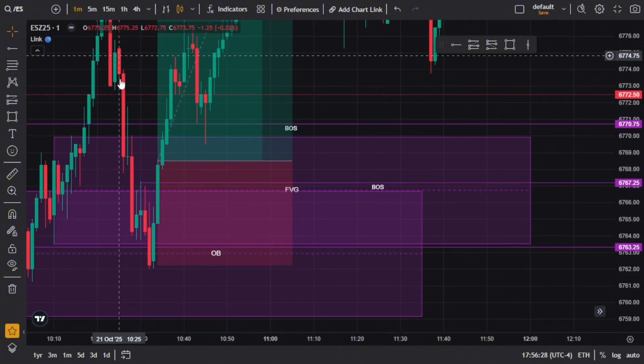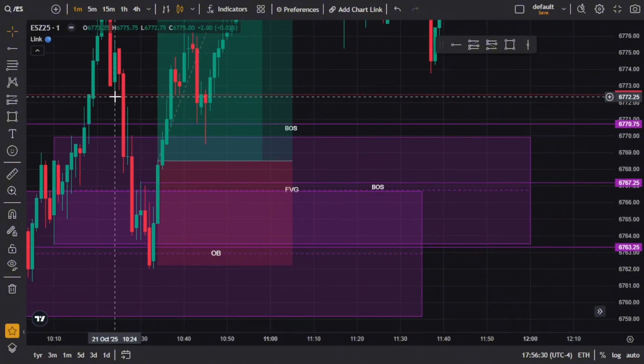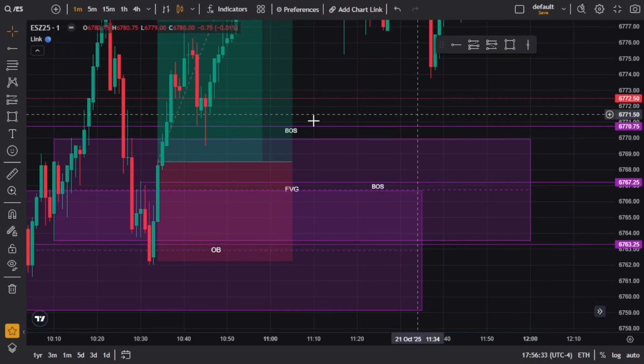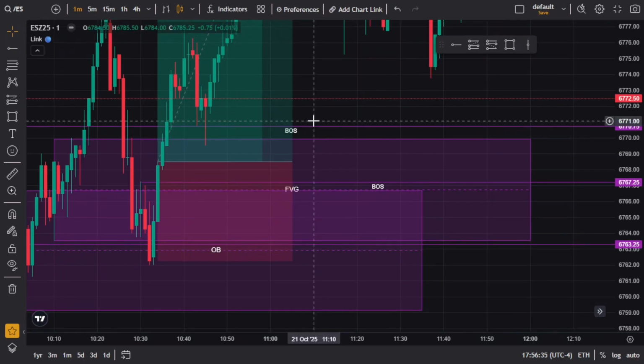So we wait for price to retest back into our confluences on the 5 minute time frame. We scale down to an even lower time frame, the 1 minute. If you marked out your confluence and your breaker structure on the 5 minute, that means your 1 hour and your 4 hour bias aligned with each other.